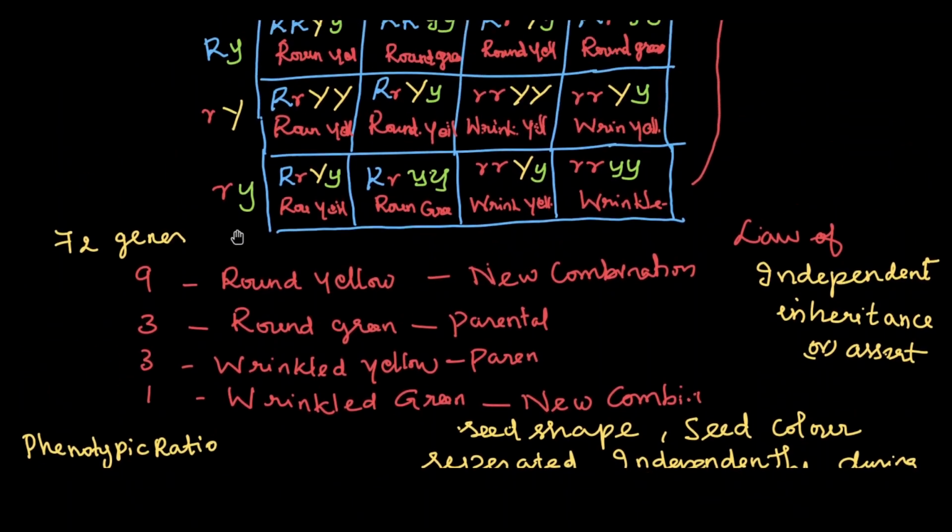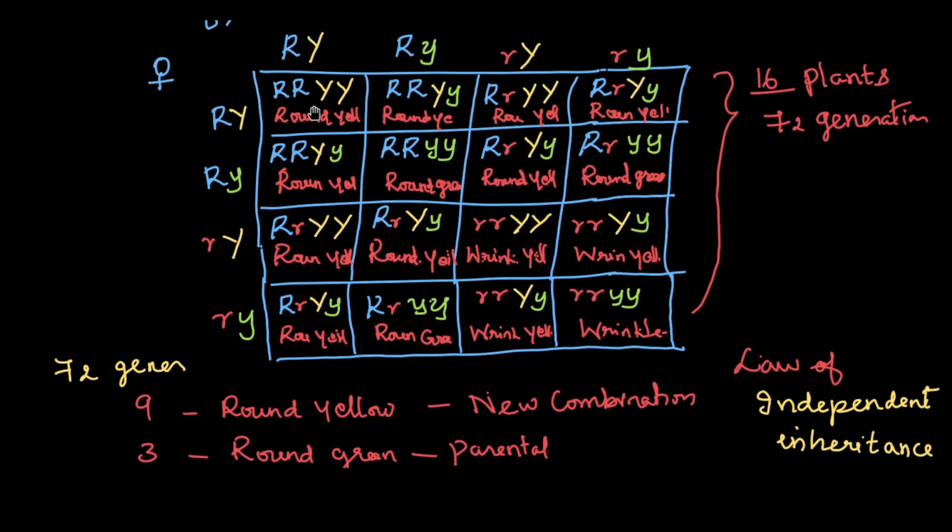You can see the columns, and the gene combinations will differ. This one is different: round yellow, wrinkled green. This is the way you are getting round yellow, round green, wrinkled yellow, wrinkled green.